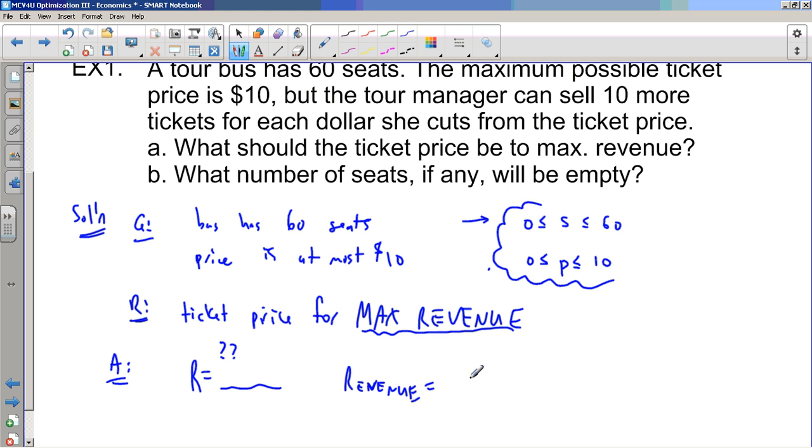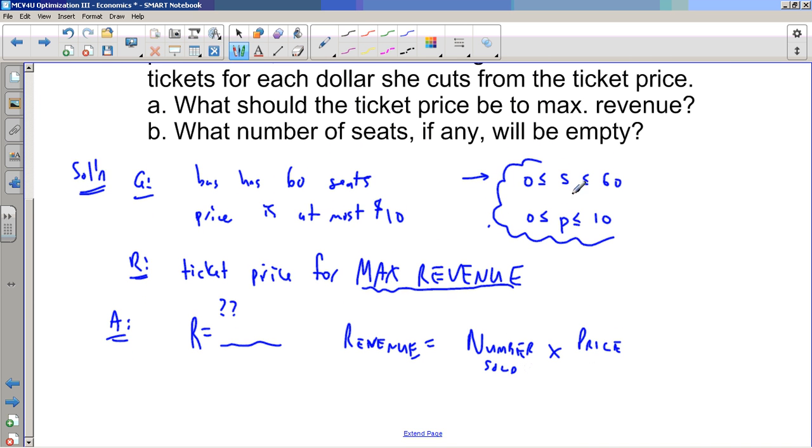Revenue is just the number sold times the price for one, right? That's the revenue. I'm calling S the number sold and P the price. So I've got revenue equals number sold, which is S, times the price P. But we kind of want one independent variable, right?